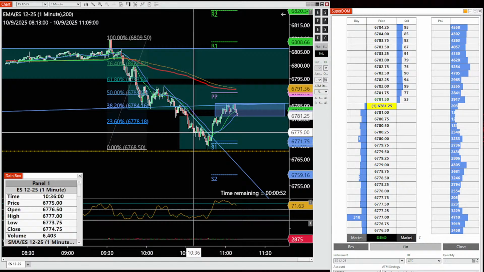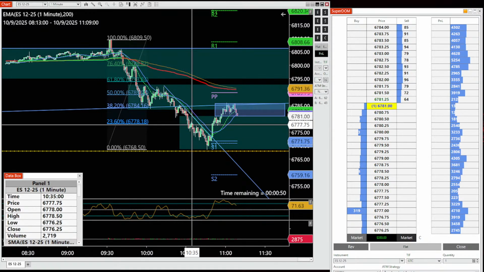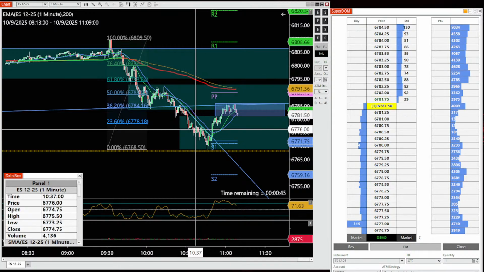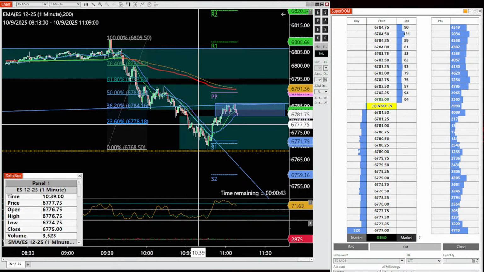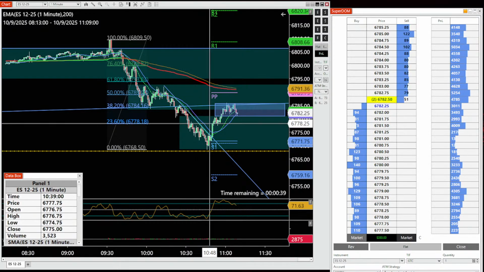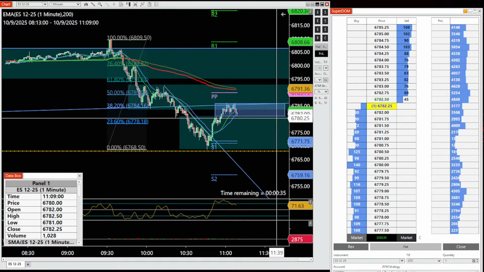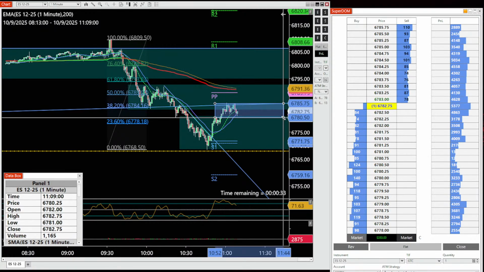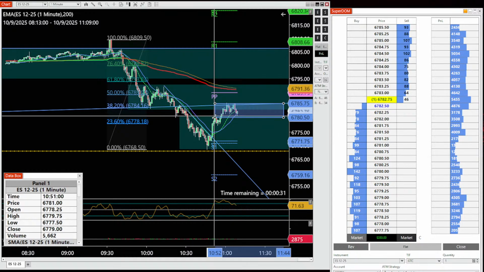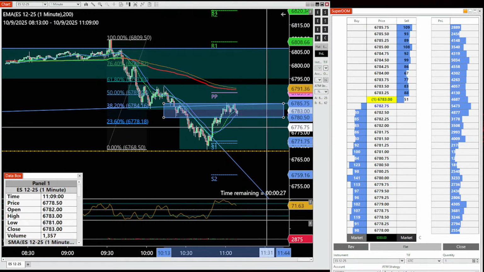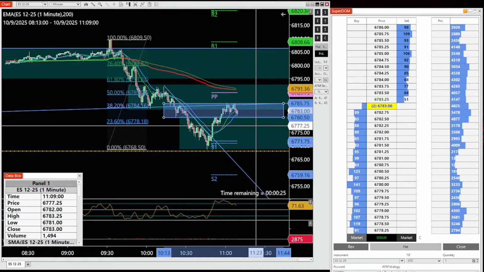I didn't want to get chopped out, so I didn't go short, because I would have been getting chopped out on the way down. So just in this range here. We'll bring it down here. Yeah, here we go. Then we got 77.